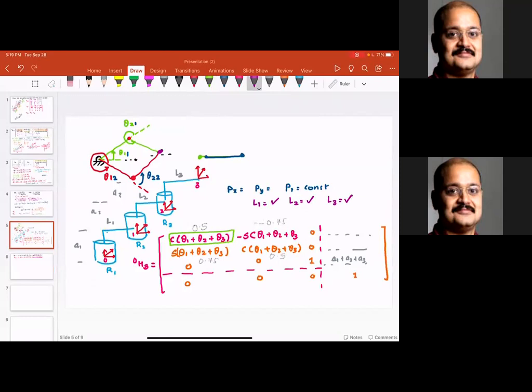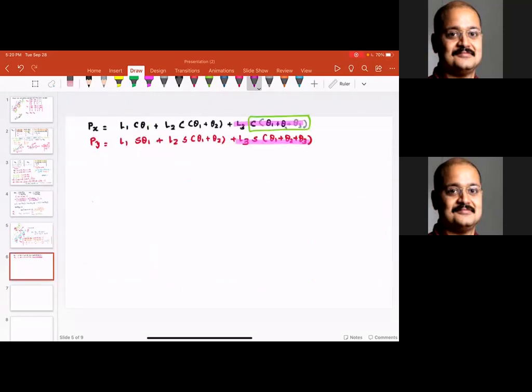So what you will do is, you will look at the orientation values. You will find out the rotation matrix and take first row, first column of the rotation matrix, multiply that by the length L3 and subtract it from this expression.